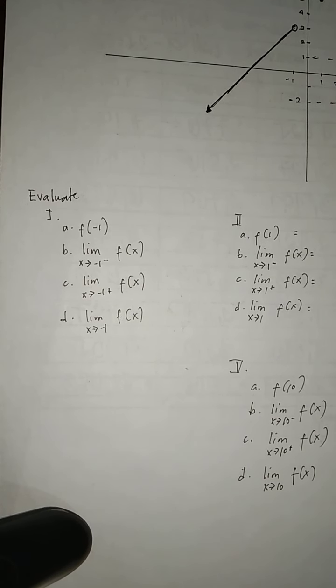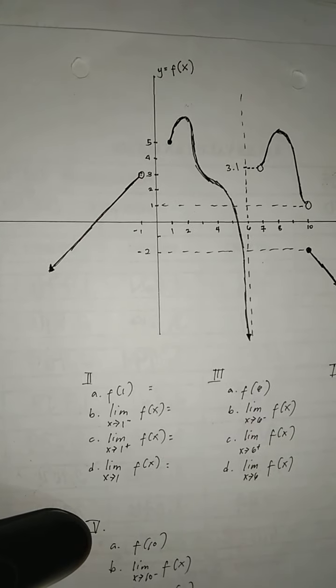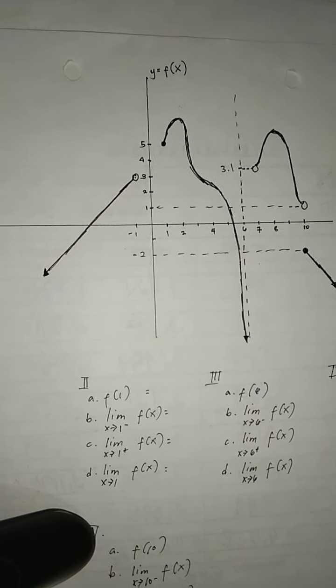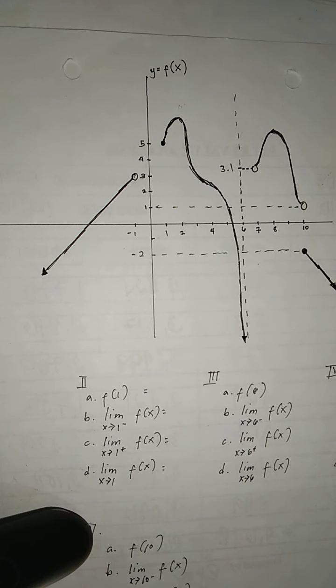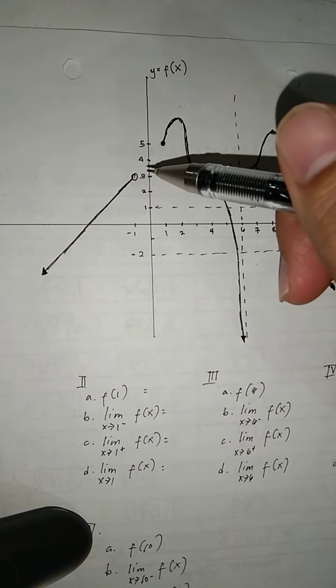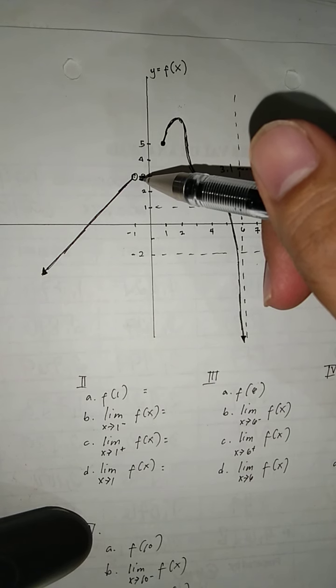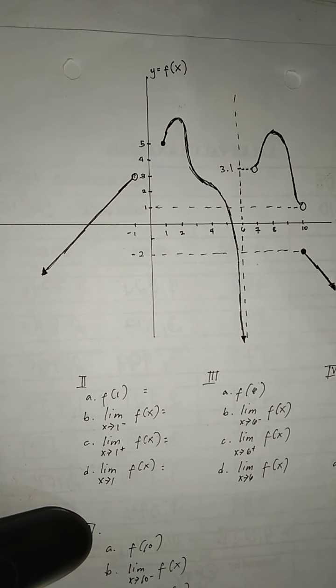Okay, so let's start with number 1. We are asked to evaluate f of -1. Let's take a look at the graph. The location of f of -1 is supposed to be right here. However, at that exact location, at -1, it is indicated as a hollow dot.